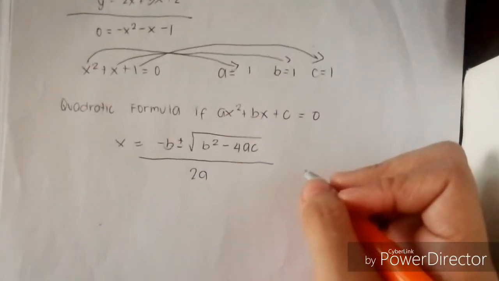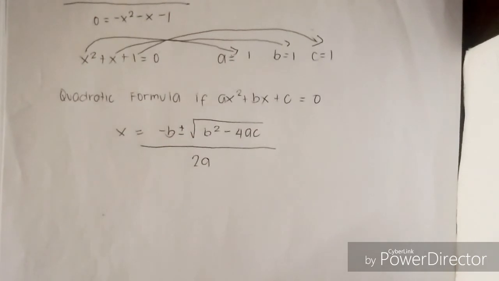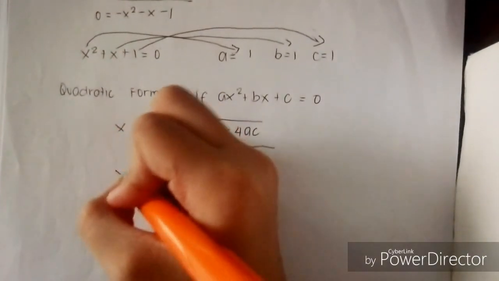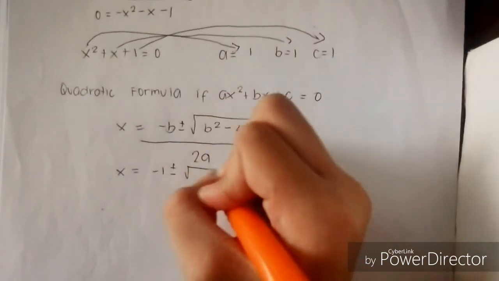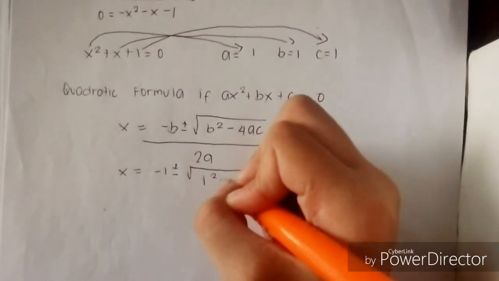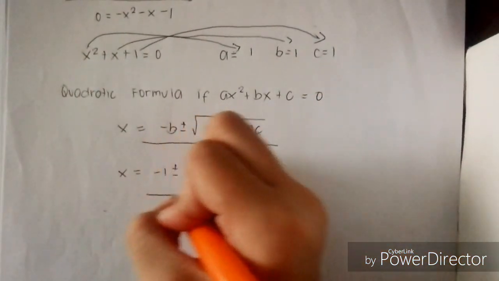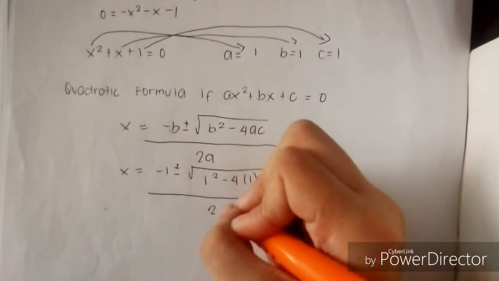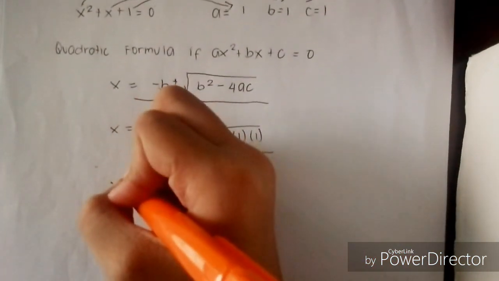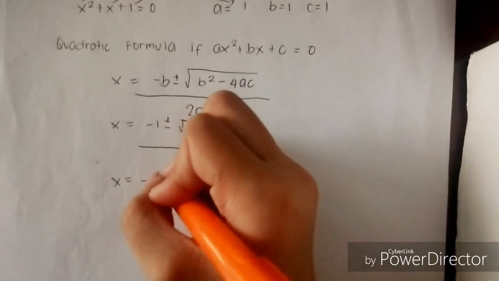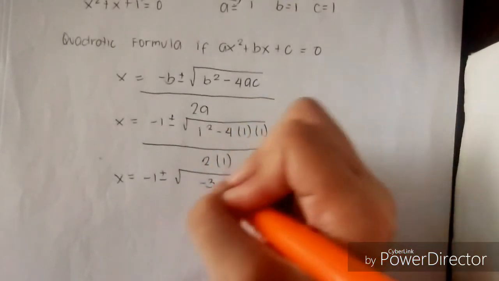Now that we have defined the formula, we will substitute a, b, and c to get the final answer. x equals negative 1 plus or minus the square root of 1 to the second power minus 4 times 1 times 1, all over 2 times 1. Moving on to our solution, x equals negative 1 plus or minus the square root of negative 3, all over 2.